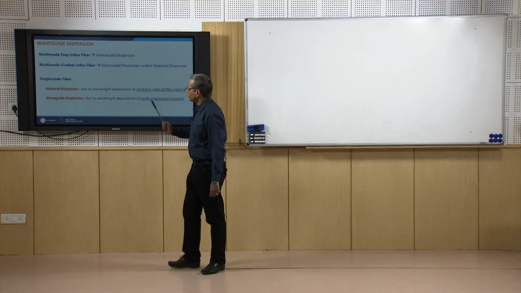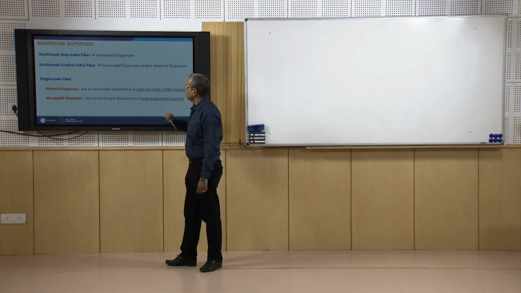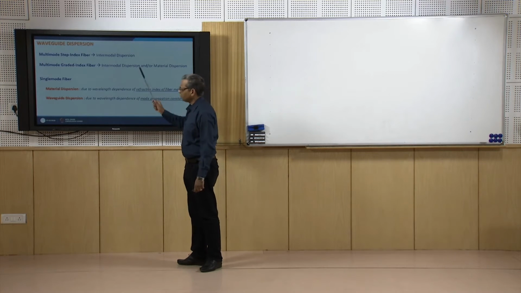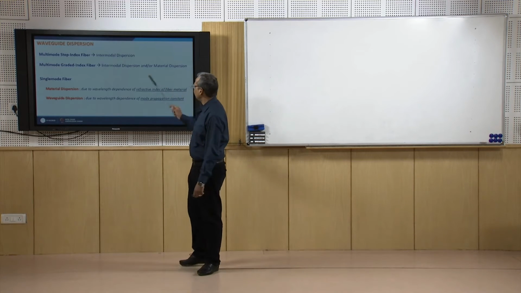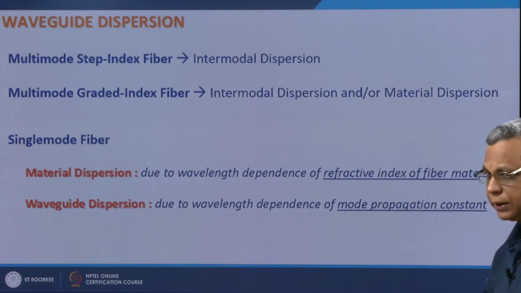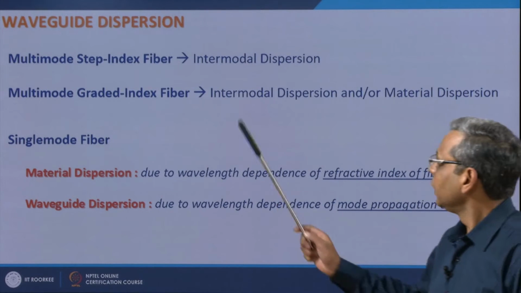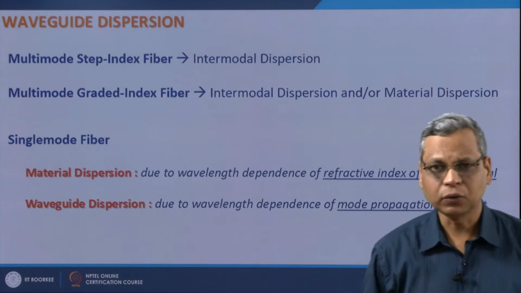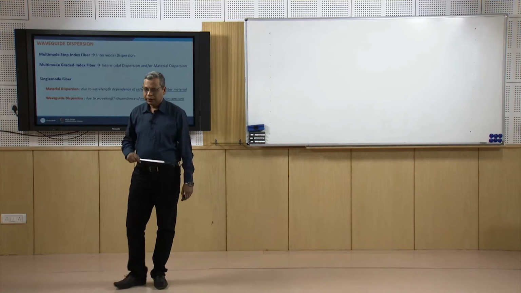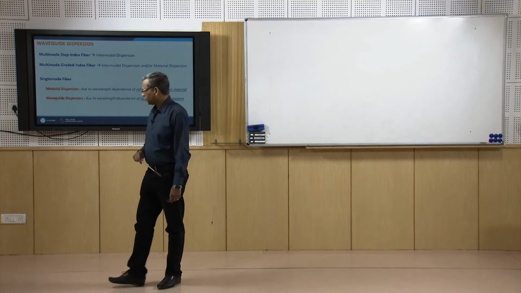So, in a graded index multimode fiber, we have seen that the material dispersion and intermodal dispersion can become comparable. So, we will have to take into account material dispersion as well as intermodal dispersion, while in a multimode step index fiber, intermodal dispersion is so large that we ignore material dispersion.